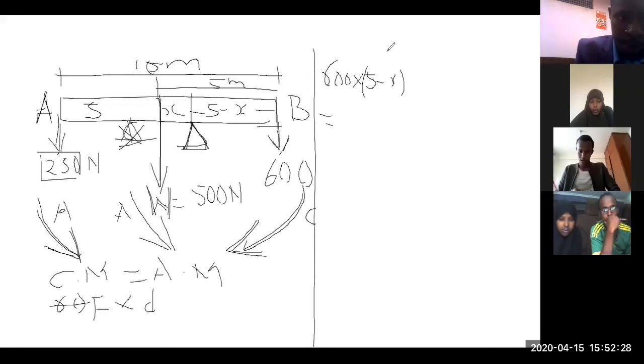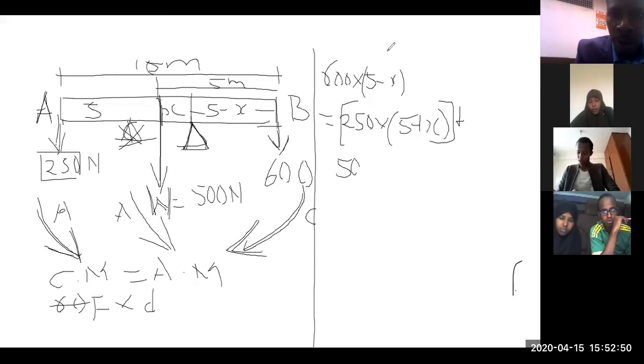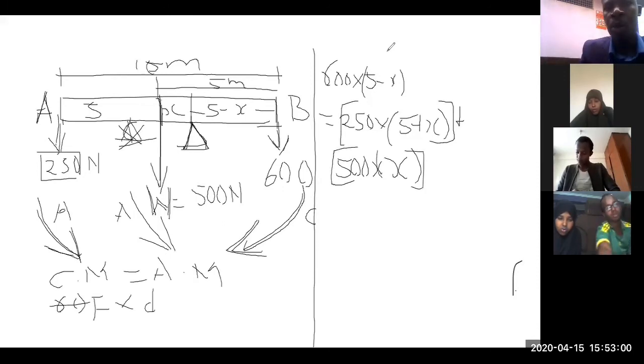The first is produced by the force of 250 times the distance: from here up to there is 5 meters, and from there up to there is X, so 5 plus X. Then we add the second moment, resulting from the weight, which is 500 times X.